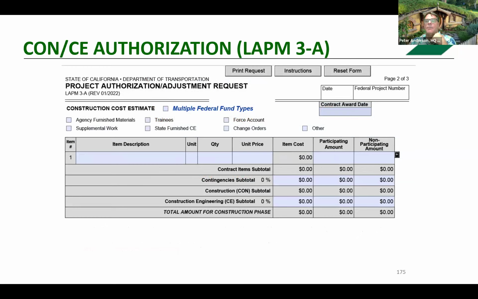Some of the components of the estimate include the use of multiple federal fund types. We talked about a project earlier that's funded with multiple federal types.